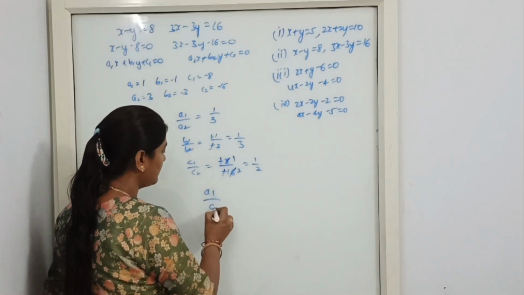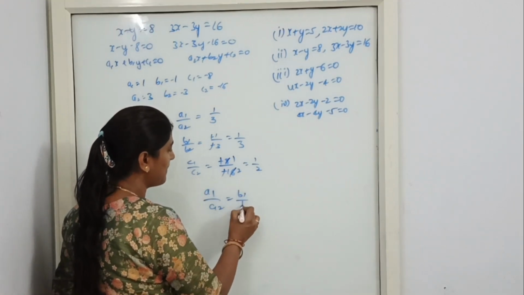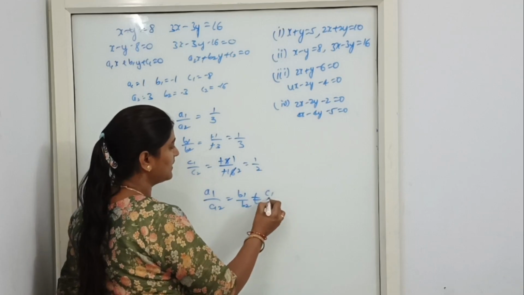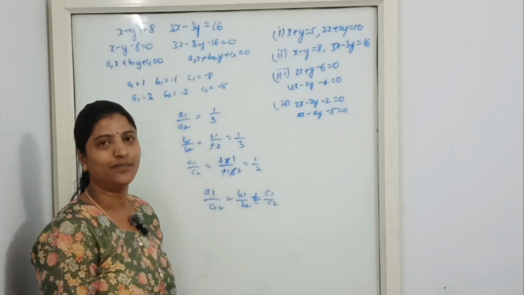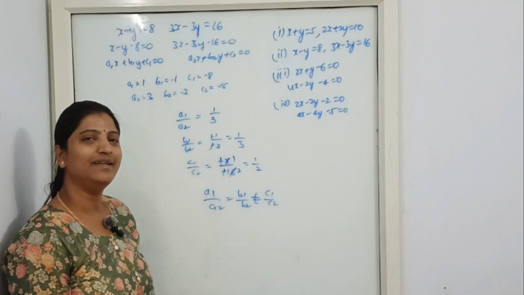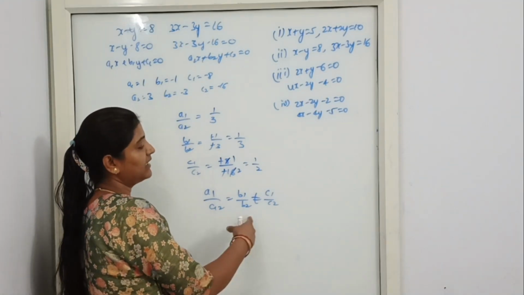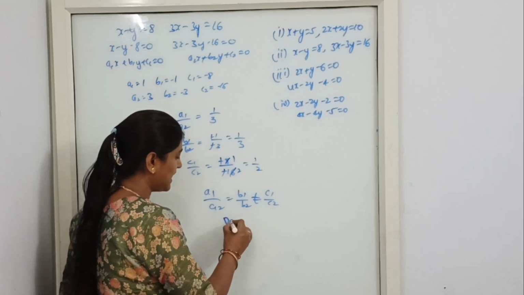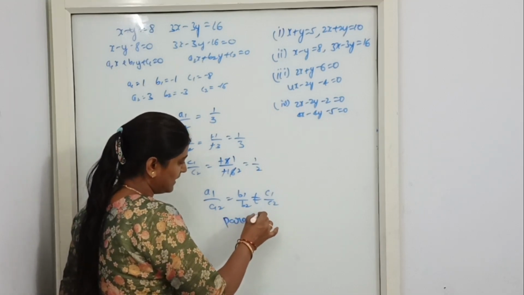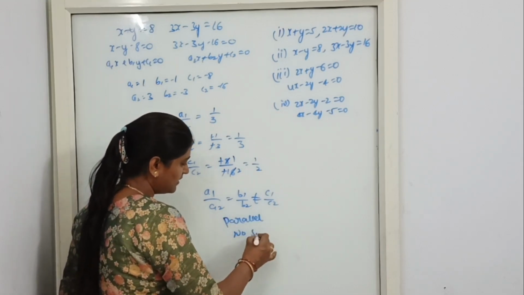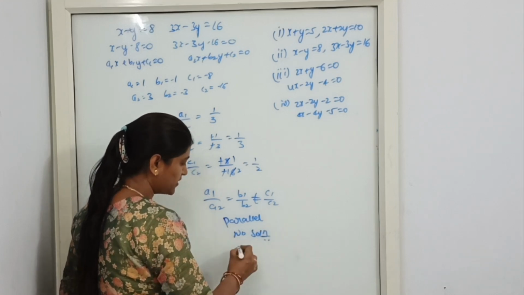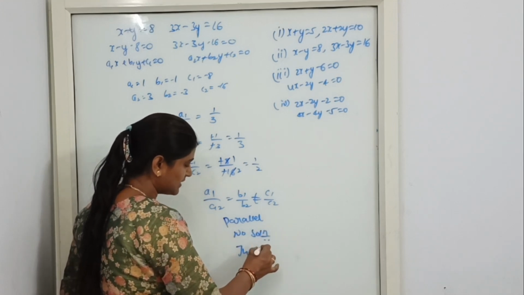It means a1 by a2 is equal to b1 by b2, which is not equal to c1 by c2. What is its conclusion? If the first two ratios are equal and not equal to the third one, it means they are parallel. Parallel means no solution. No solution means inconsistent.